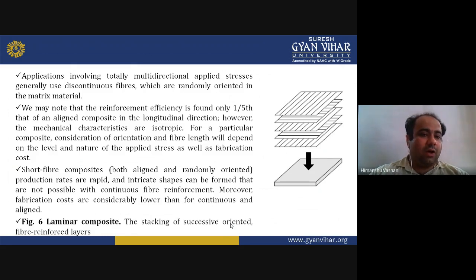So you can see how short fiber composites are helpful: they have high production rates, they can produce intricate shapes, and the cost is also low. Very positive features.